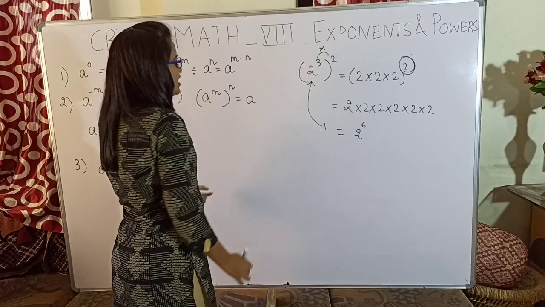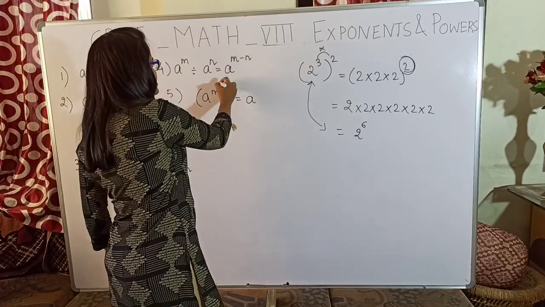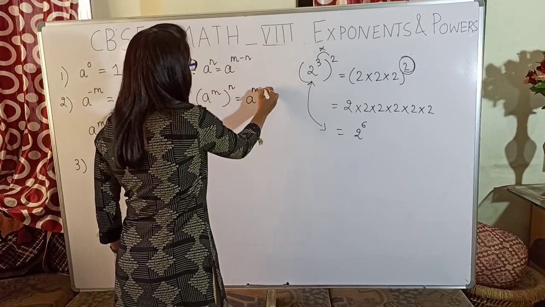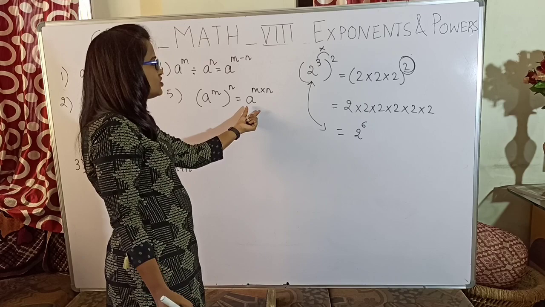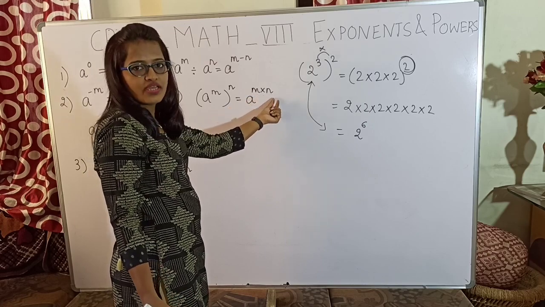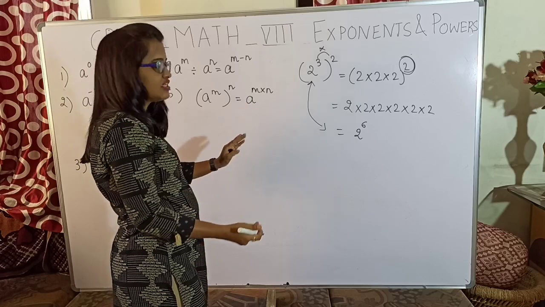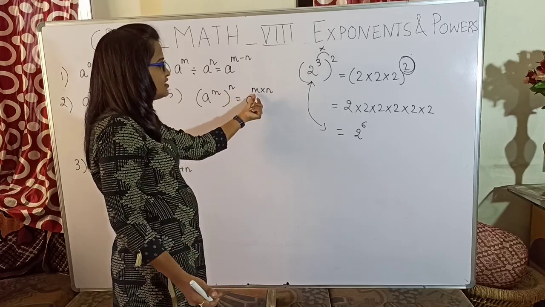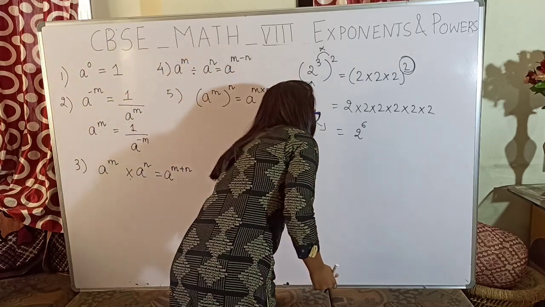So if I have to write it in simplified form, the base will remain the same, and in such a case the indices will get multiplied, and hence I could write a raised to m into n. Why? Because this number is being multiplied with itself how many times? N times, and hence it is m into n. Okay, next one.